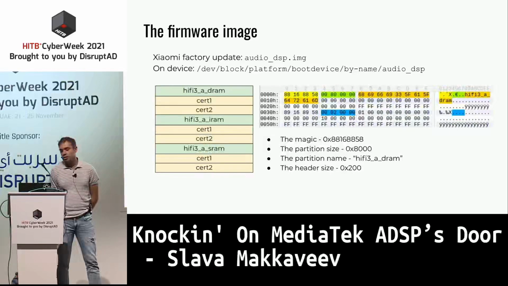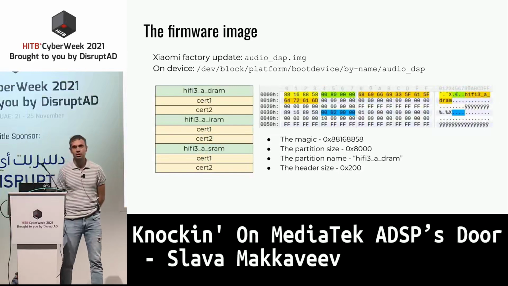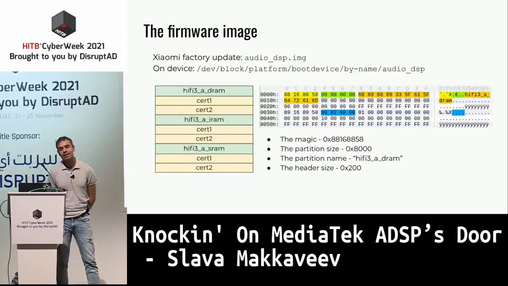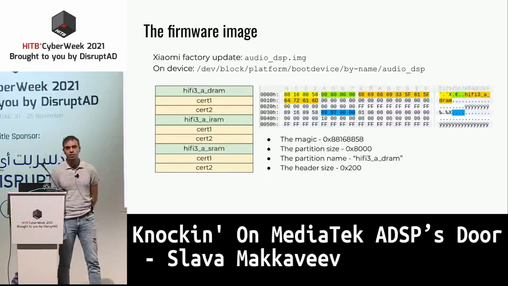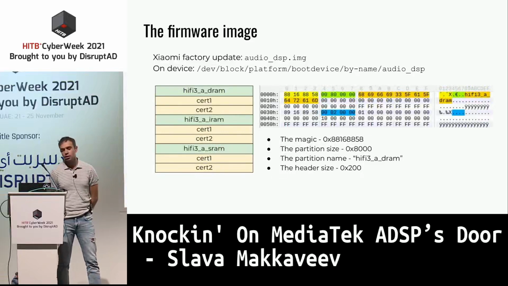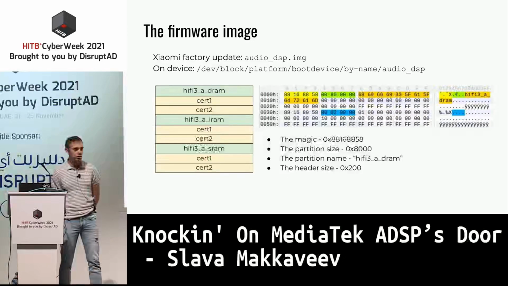This image file has a proprietary structure, but it could be easily reconstructed. On my test device, this image contains 9 partitions. The third and fourth partitions are certificates in DER format that are used to verify the integrity of the HiFi 3 partitions. Each partition has a header that stores the size and name of the partition, and the header starts with a magic, which could be used to quickly locate a partition in the image.